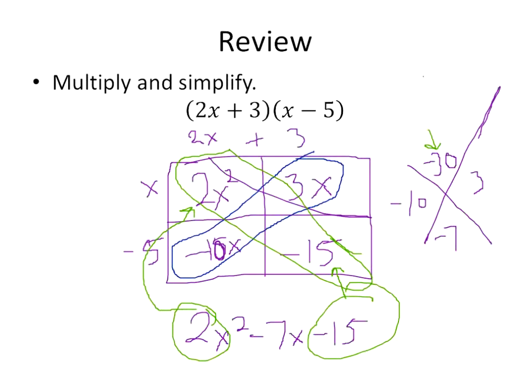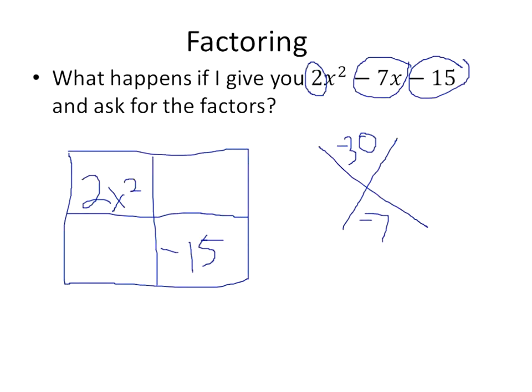Is it negative 7 or positive 7? Did I make a mistake? No, it's negative. Okay. So what are the two numbers that go on the sides? Negative 10 and 3. So once I figured that out, I just take those numbers and I put them over here.